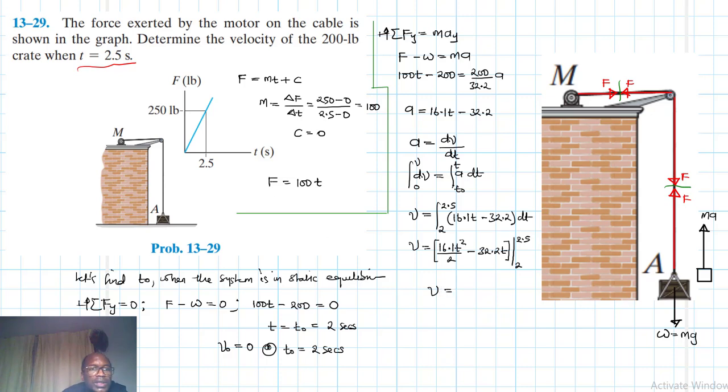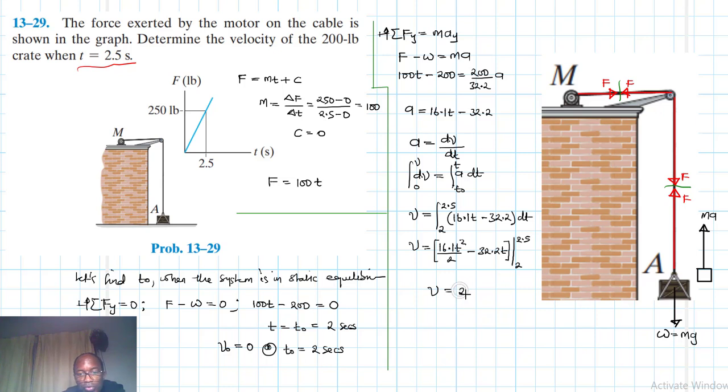Therefore our v is going to be equal to 16.1 by 2.5 squared divided by 2 minus 32.2 by 2.5, and then minus 16.1 by 2 squared divided by 2, and then adding 32.2 by 2.